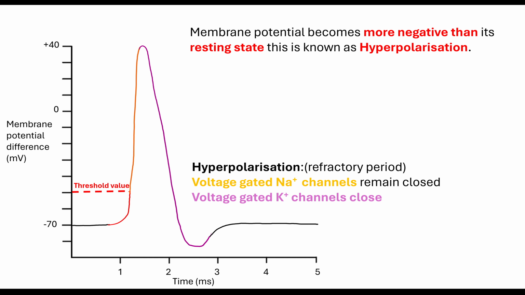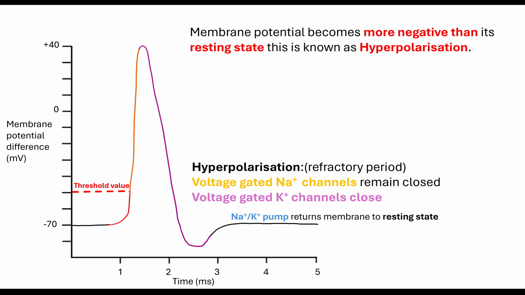Our voltage gated sodium channels remain closed. Our voltage gated potassium channels now close, and our sodium potassium pump is going to return our membrane to that resting state. It's important that we understand that during hyperpolarization we have what's known as a refractory period.